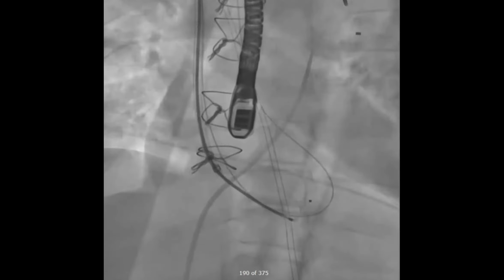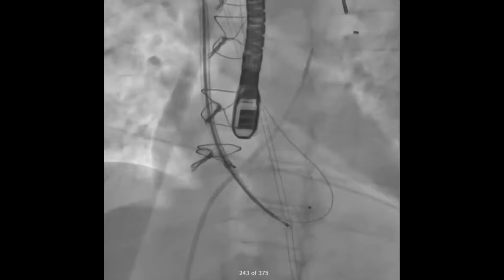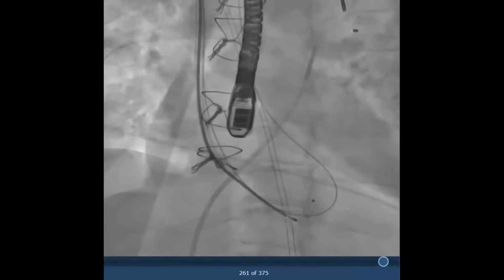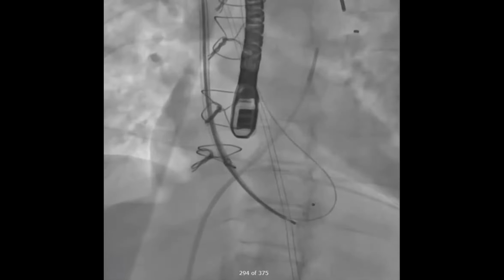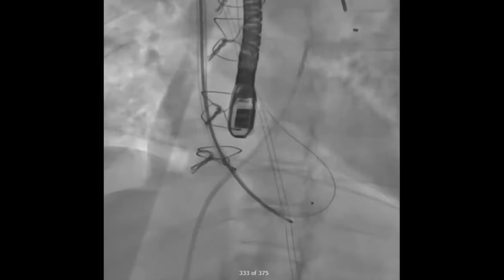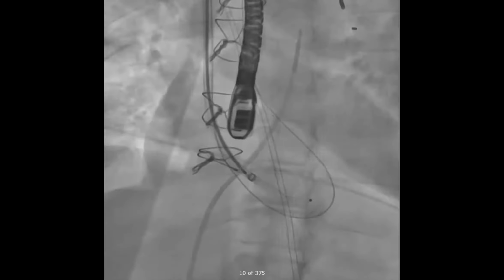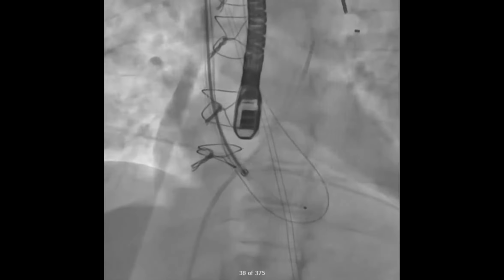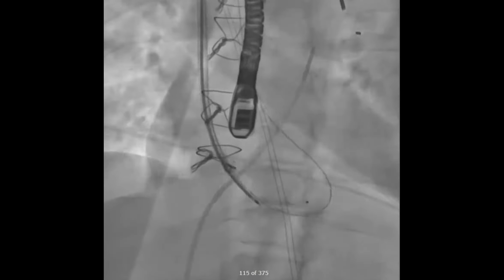Okay, now start. So this is a patient that came with post-MI VSD. You guys have pens and pencils. I'm going to ask you the equation, the QP/QS, in this patient. The oxygen saturation in the aorta is 94%.